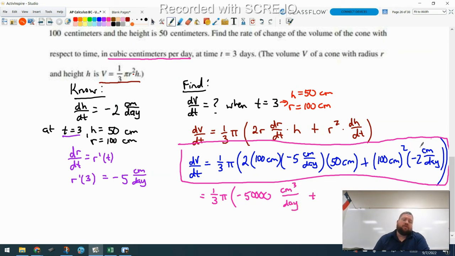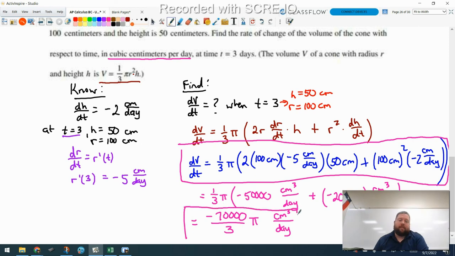Plus 100 squared is 10,000 times -2, which is -20,000, and that's also in centimeters cubed per day. So if we combine those together, -50,000 minus 20,000 is -70,000. Then I'm going to multiply by 1/3, then I'm going to have my pi, and then my units, centimeters cubed per day. So that should match up with the answer key.